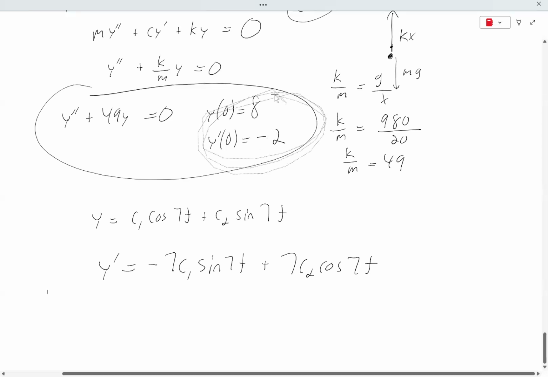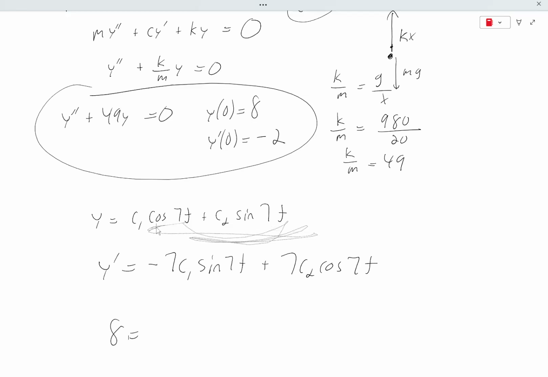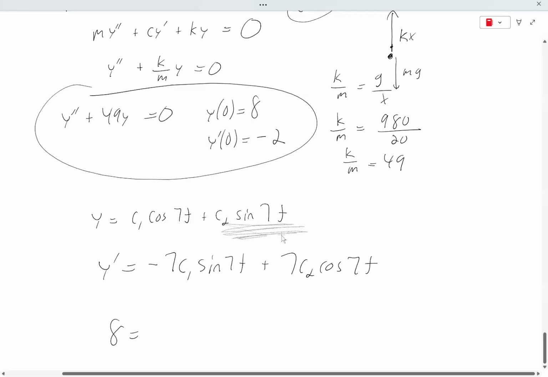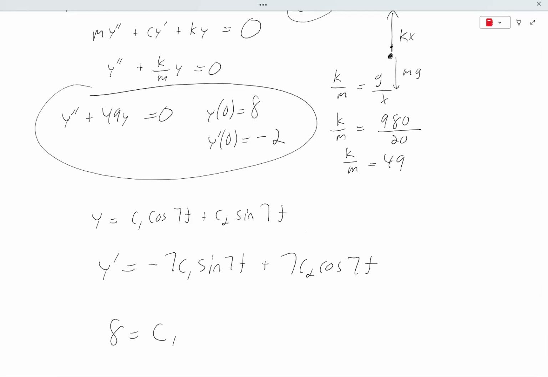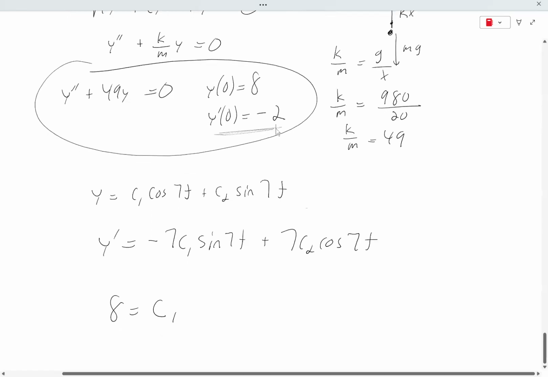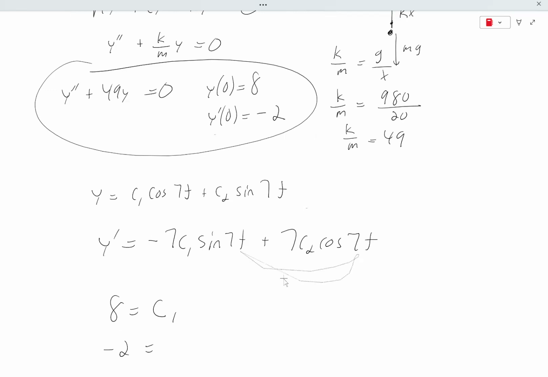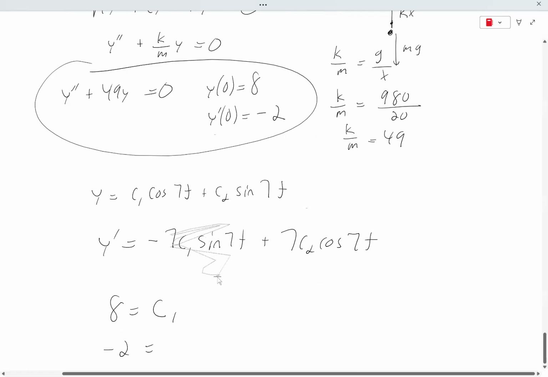I know y of 0 is equal to 8, so if I put 8 there and 0 over here, I just get 8 equal to C1, because this will drop. And from the second one, y prime of 0 is equal to -2. So if I put -2 there and 0 over here, now this drops, and that's a 7 C2, things like that.